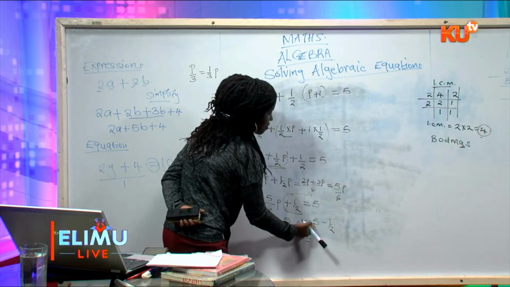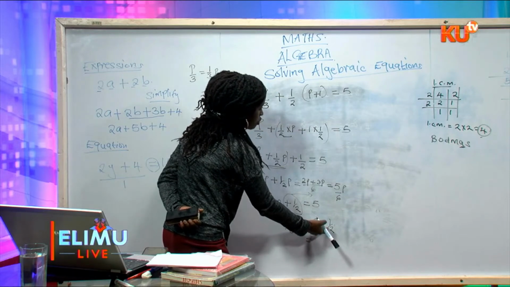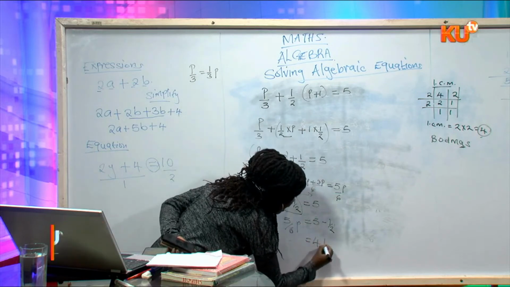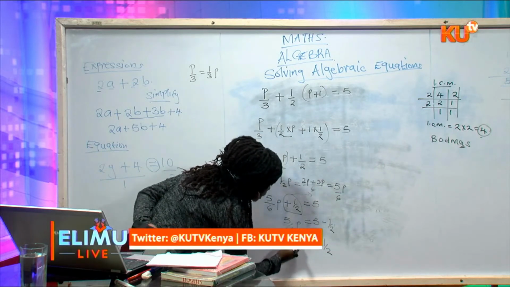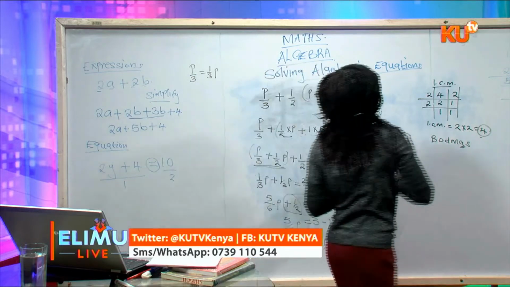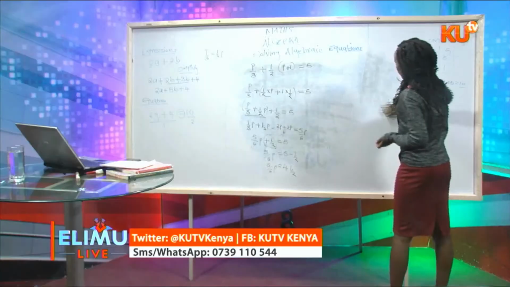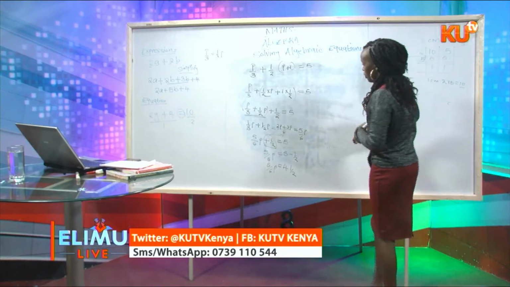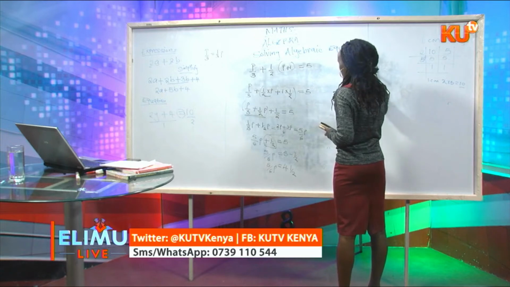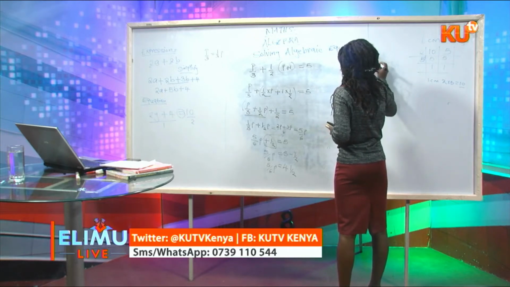When you subtract here, 5 minus a half, you remove it from 5. You're going to remain with 4 and a half. And then this side, I have 5 over 6P. I hope you're together. 5 over 6P is equal to 4 and a half.